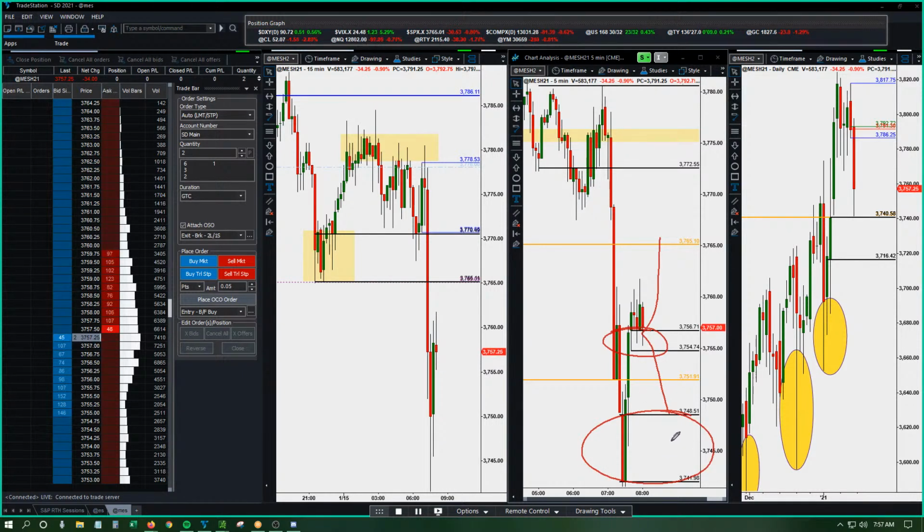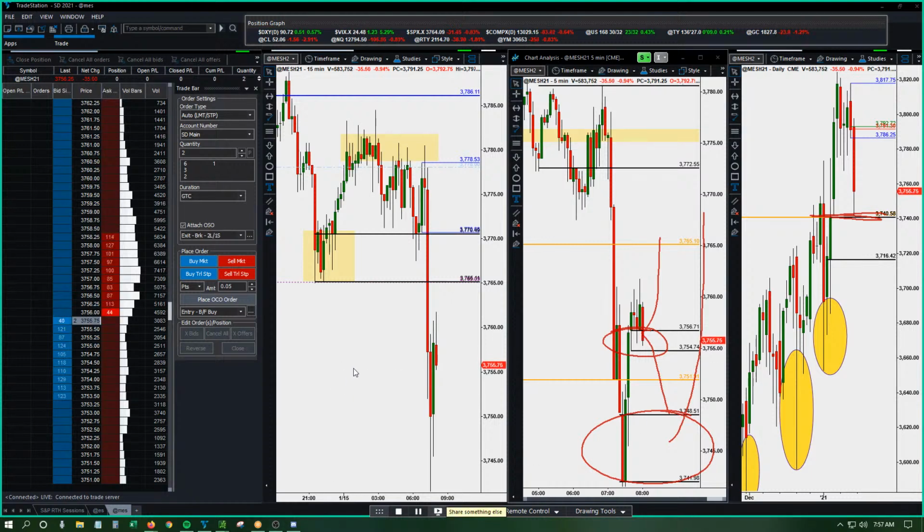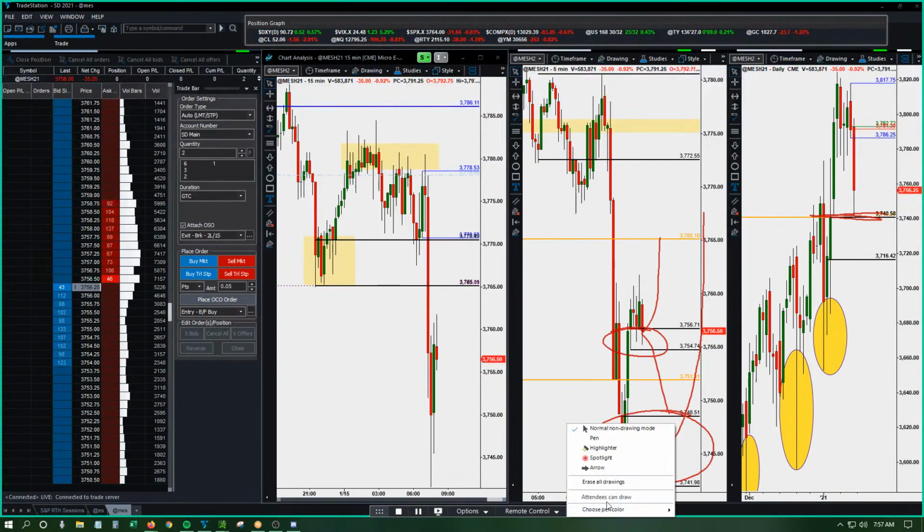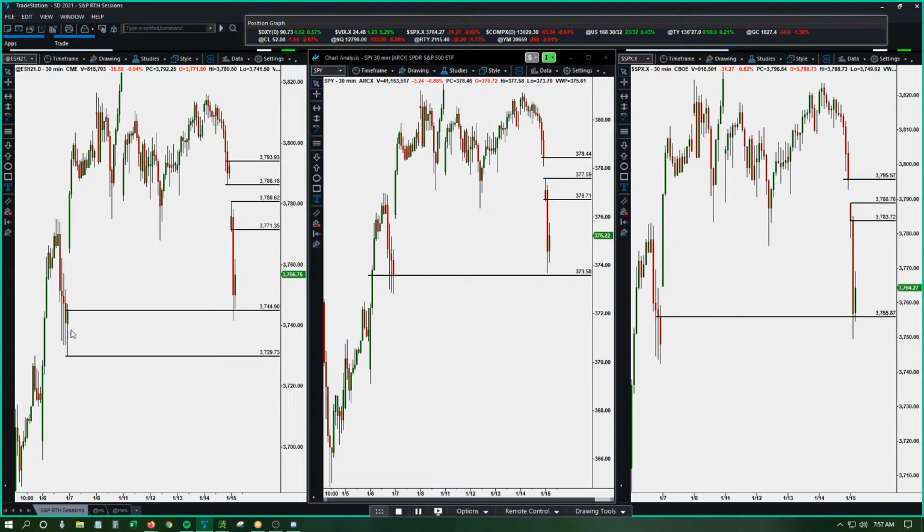Do we hold the lows? And then from here, do we move up? Got pretty close to our daily level. We saw the gap fill, all three versions of the S&P.